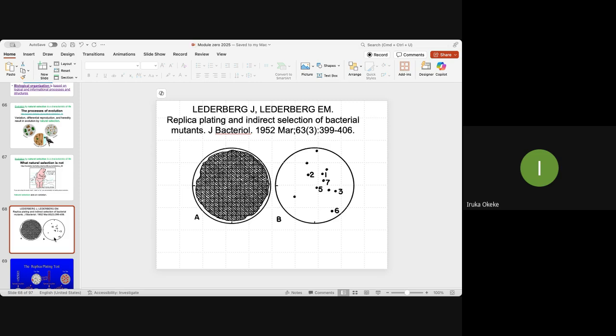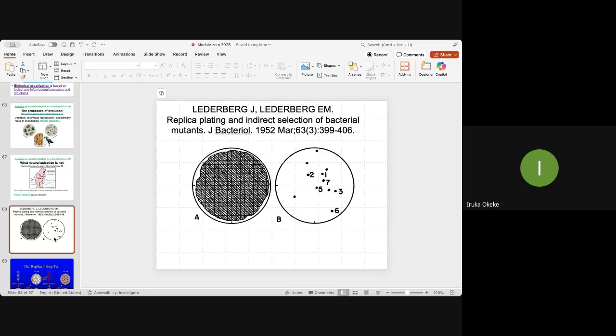So there were two hypotheses around this. One hypothesis was that there's something about putting bacteria down on streptomycin that makes the bacteria change and become resistant. The other hypothesis is that bacteria change all the time, to all sorts of different things, including becoming streptomycin resistant.